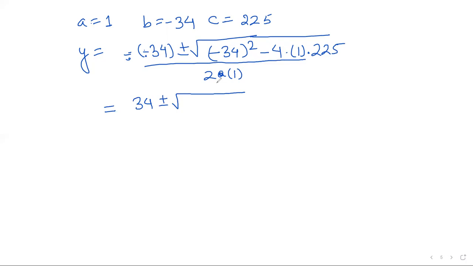Let me use the calculator. 34 times 34 is 1156. Now I'm realizing that I should have done these calculations before to save time. So you just multiply 34 with 34 and you get this. Now 4 times 225 is something I think I know, which should be 225 times 2 is 450.